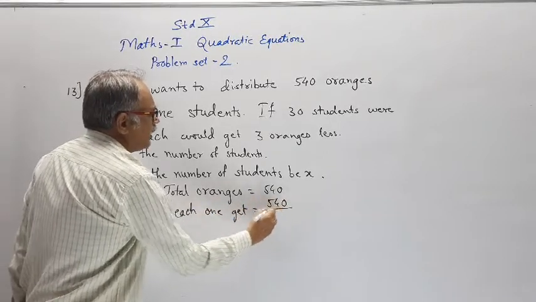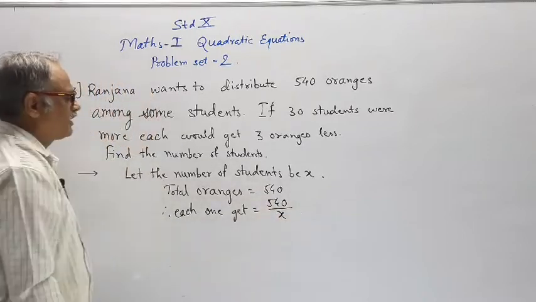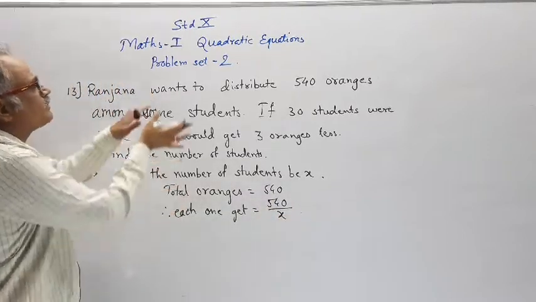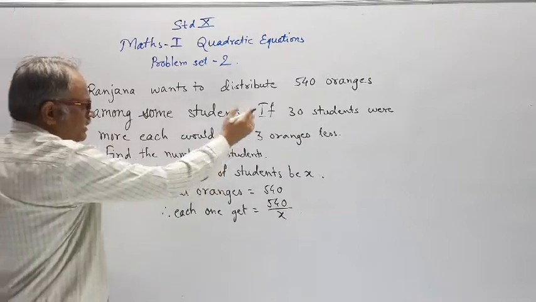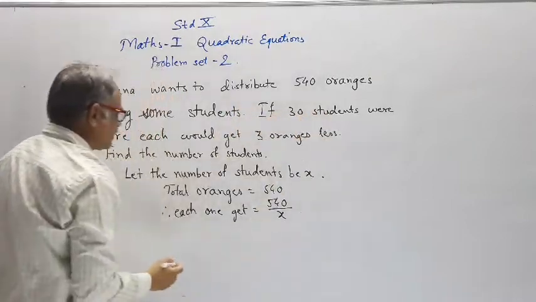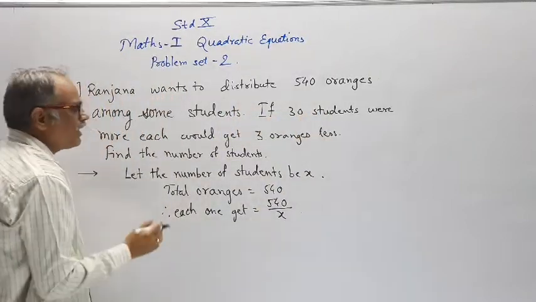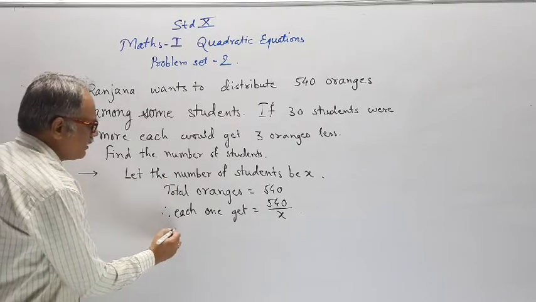540 upon x. This is the original present situation, and then the assumption is the second condition, which is the condition to make the quadratic equation.